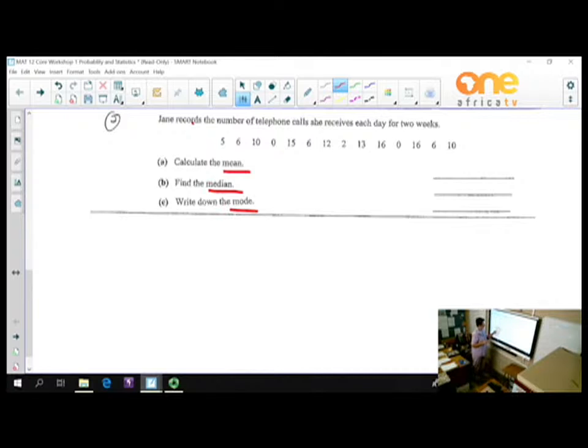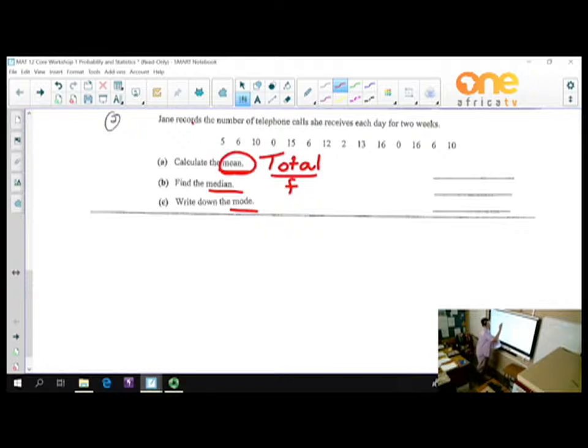The mode is the one that occurs most frequently, which you're going to see the most times there. Median means we arrange them from the smallest to the biggest one, and then you pick out the one in the middle. And the mean is always total divided by frequency. That is the mean. So let's first now look at the mean.